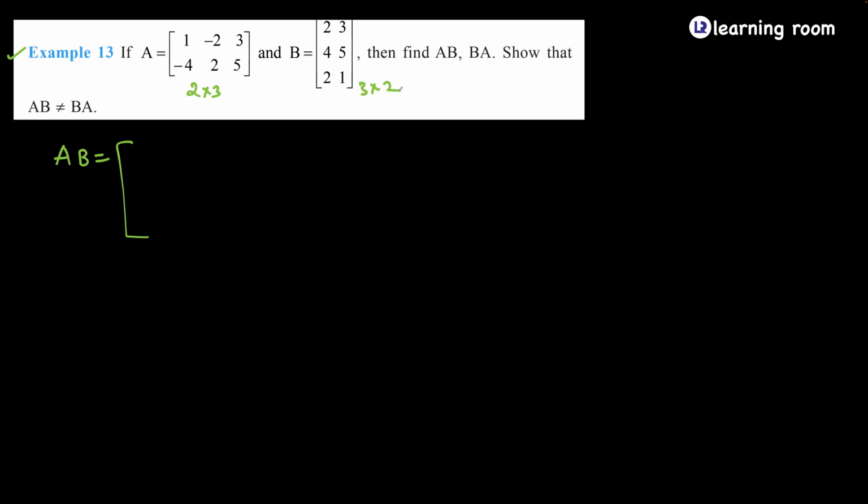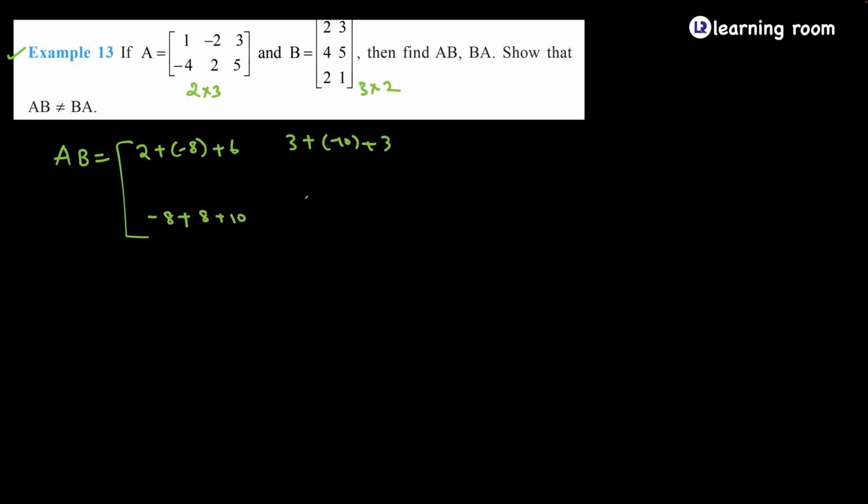So what is AB? AB is 1 into 2 plus minus 2 into 4 plus 3 into 2. Right. 1 into 3 plus minus 10 plus 3. What about this? Minus 8 plus 8 plus 10.